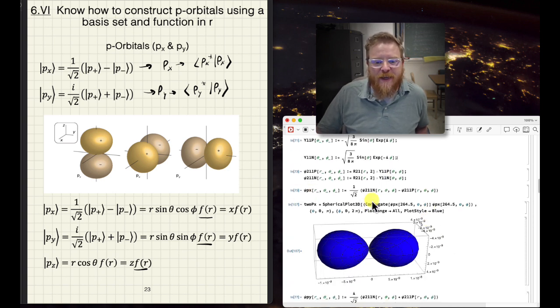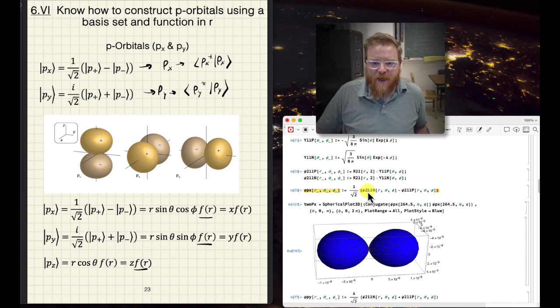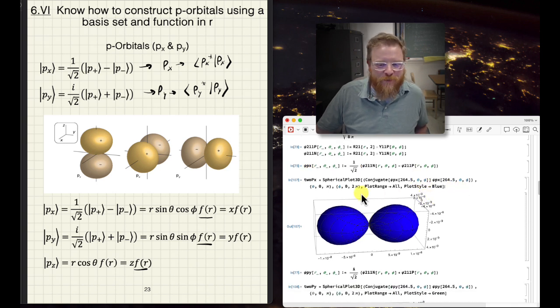And then here is my psi px, which was 1 over root 2 times the, so I wrote this as P negative minus P positive, but that will be the same as P positive, or no, excuse me, I think I did that correctly. Okay. It's fine, we'll just keep going on. We'll assume that I either made a mistake or I didn't, and it's probably inconsequential.